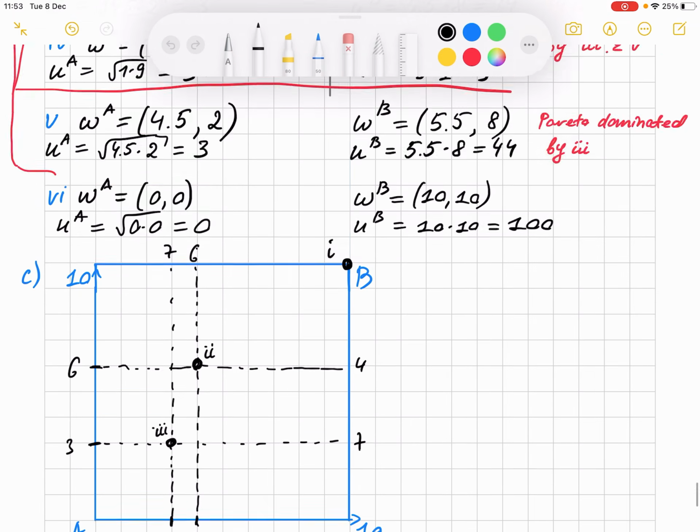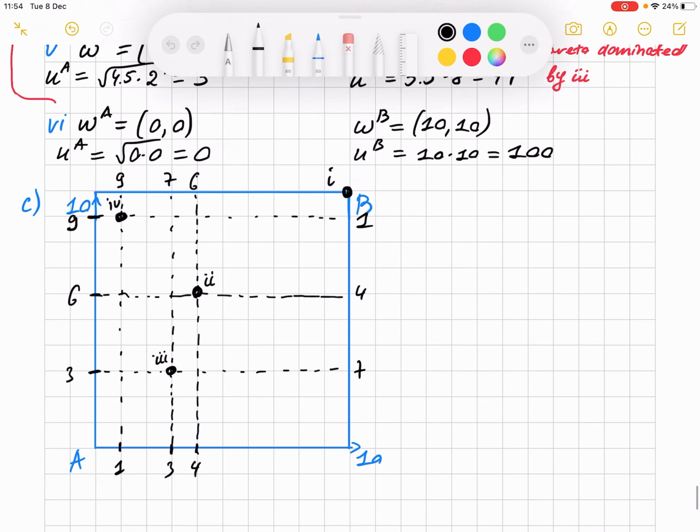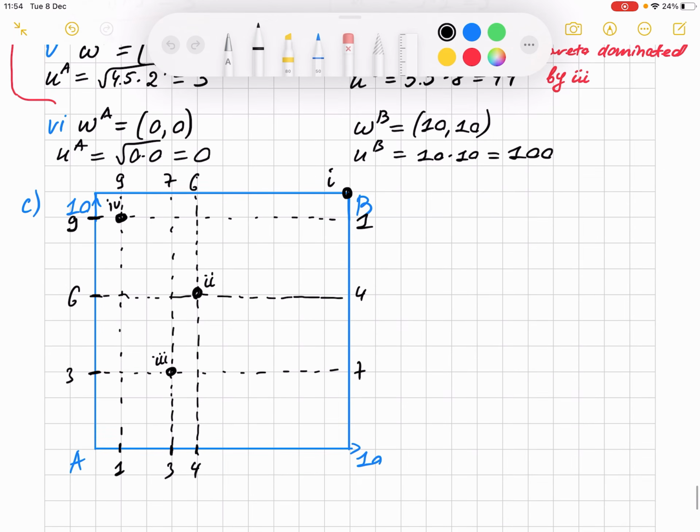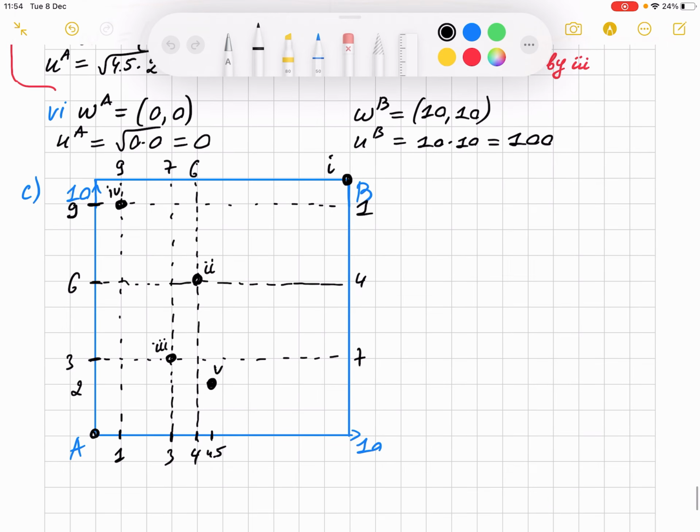Allocation 4 will be 1 and 9, so it's here, and B has 9 and 1. Then 5 is 4.5 and 2, so it's here. And then 6, the last one, is here.